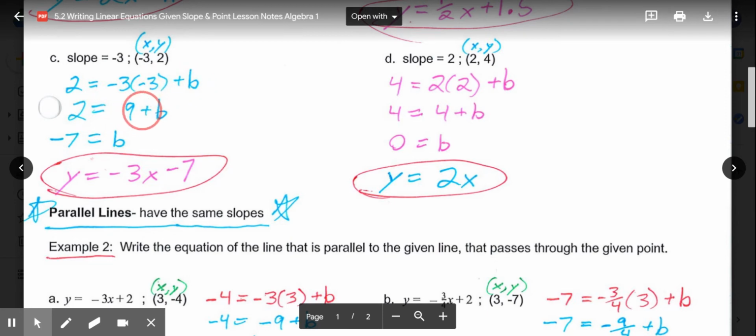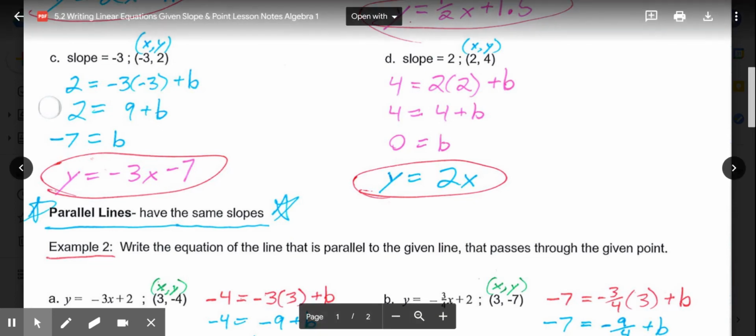So 2 equals 9 plus b. Subtract 9 from each side to get b alone. b equals -7. So our equation is y equals negative 3x, using our original slope, minus 7, for our negative 7 being b.